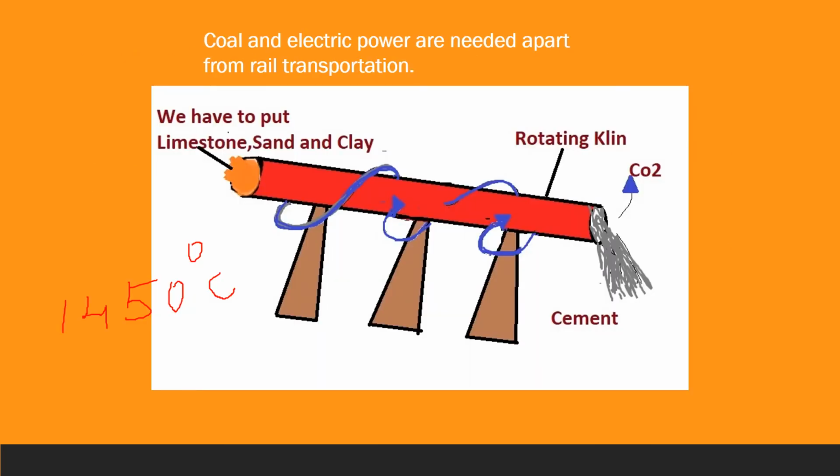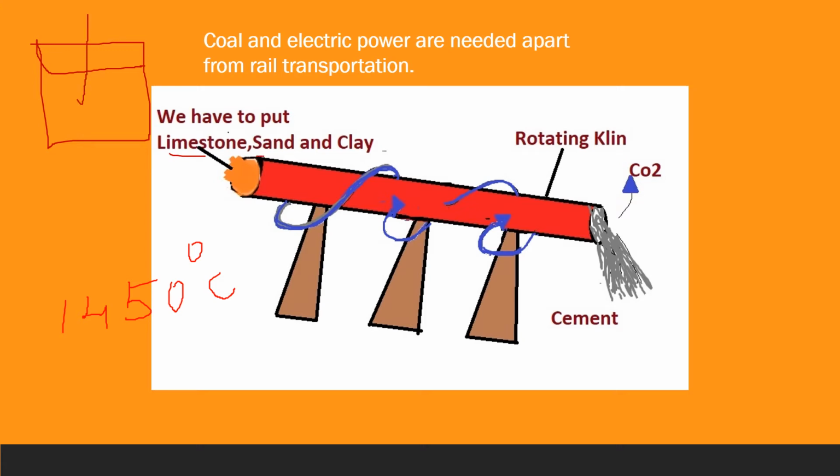Hello students. Now let's see this image and try to understand how cement is produced. There will be a tank which will contain slurry. The slurry is nothing but a watery mixture of limestone, sand and clay.